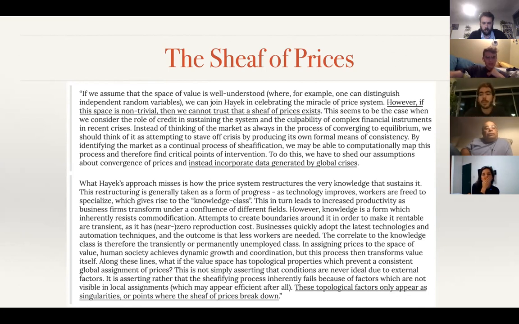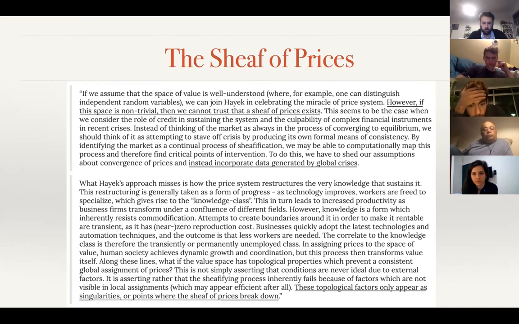So then later he says that to shed our ideas of convergence of prices, we have to instead incorporate data generated by global crises. Instead of looking at only the local situation where I'm going to the store and giving the guy money and I could leave if I wanted to, we have to look at these global, topological crises that come into play.